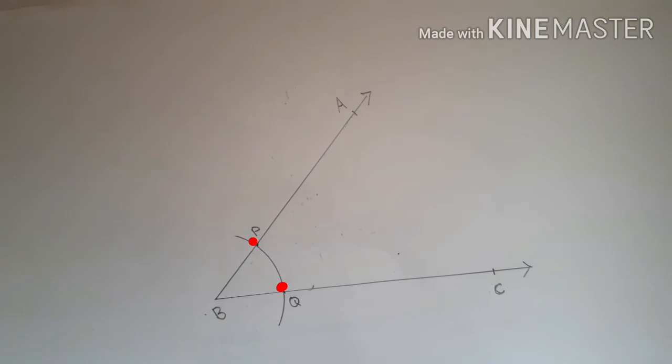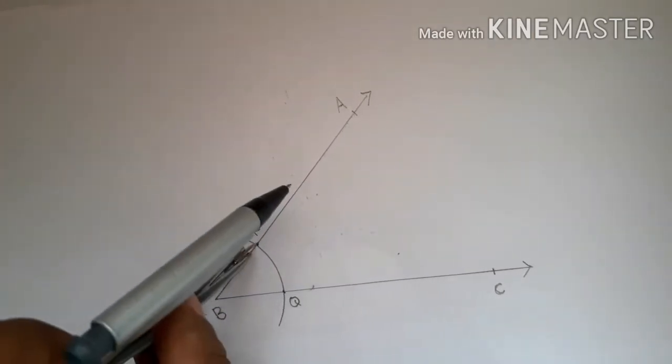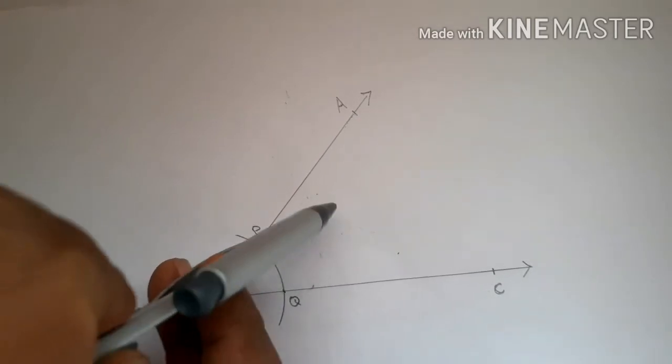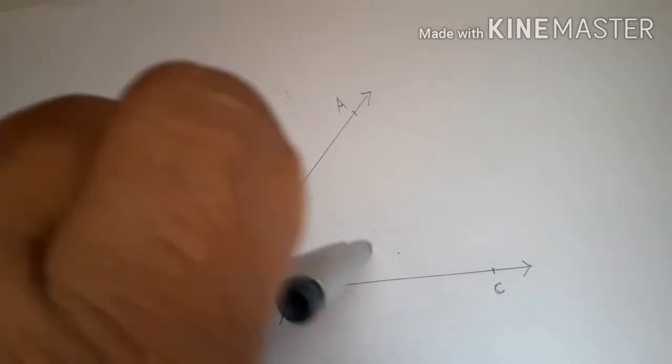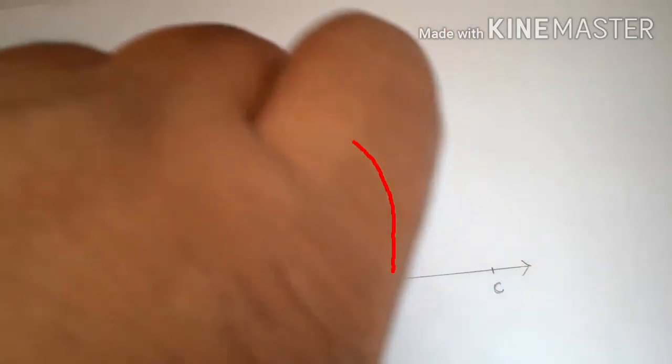Okay. Now what we have to do, we have to keep this metal point on point P. We have to take a convenient distance and draw an arc inside the angle.